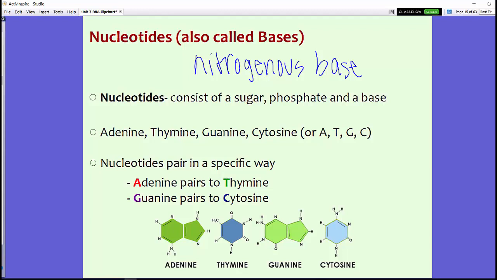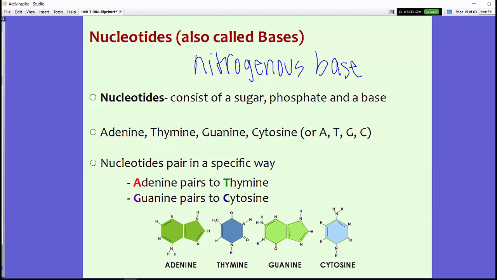Nucleotides consist of a sugar, a phosphate, and a base. All three parts make up nucleotides. Adenine, thymine, guanine, and cytosine are the actual bases that make up these nucleotides. A lot of times they are talked about as nucleotides versus bases, and we talk about them as being the same thing, but in reality they are not.